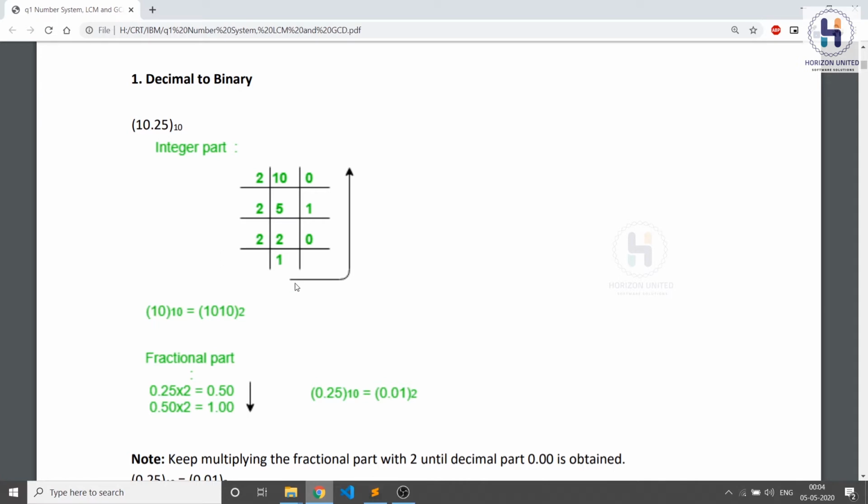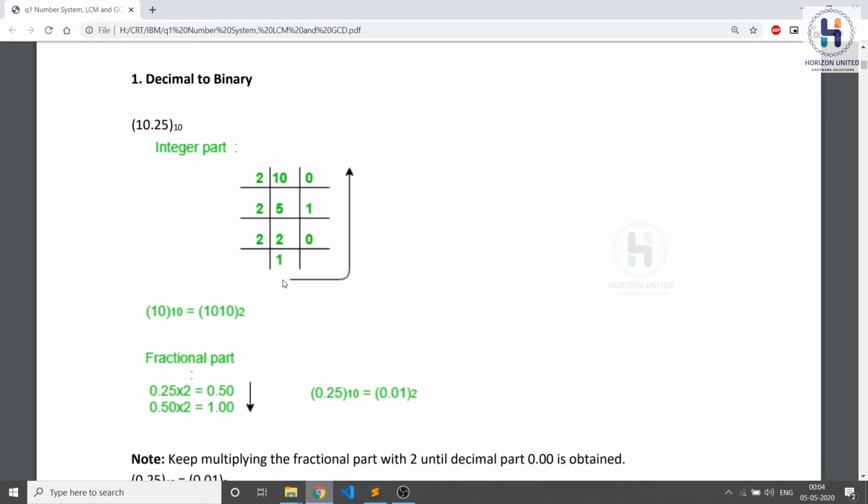The most important thing here is that these remainders have to be taken in reverse order. So this will form the binary number. Clear? Whatever remainders you get when you divide the given decimal integer part by 2, with base 2 of the binary number, the remainders will be the binary number, and we have to consider them in the reverse order.